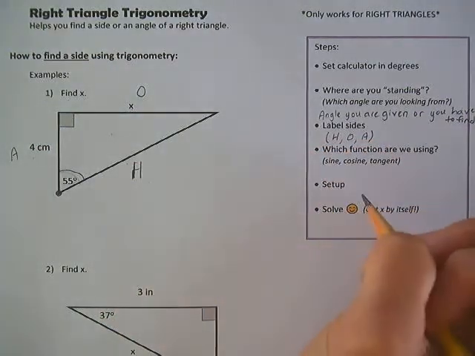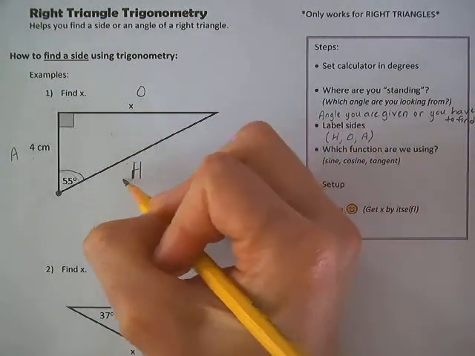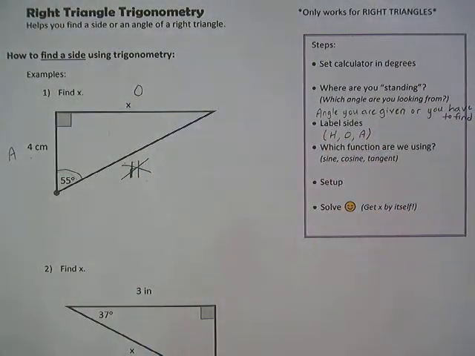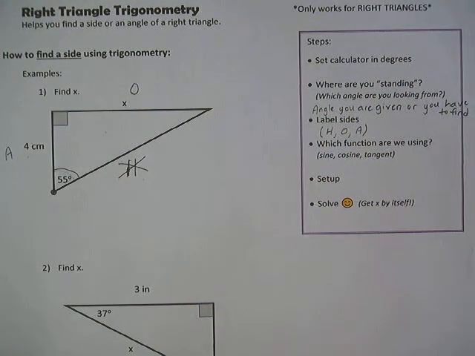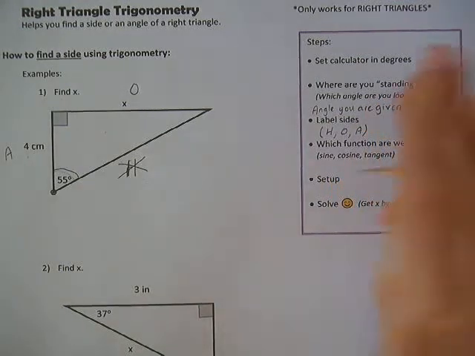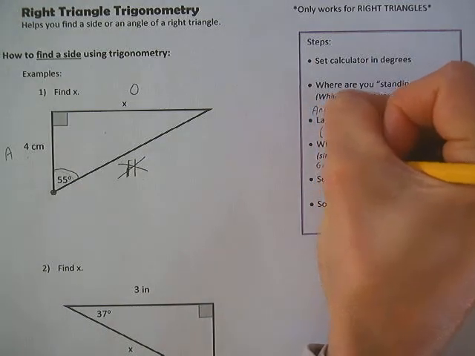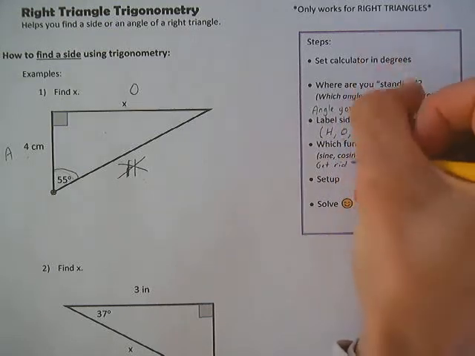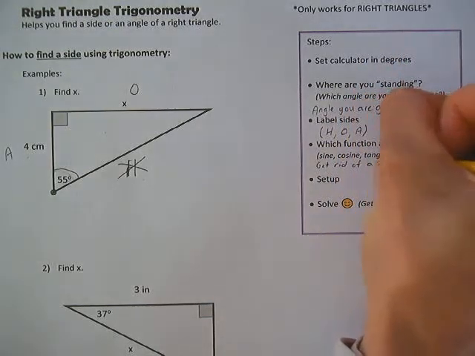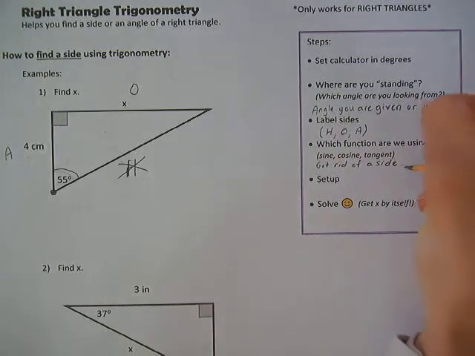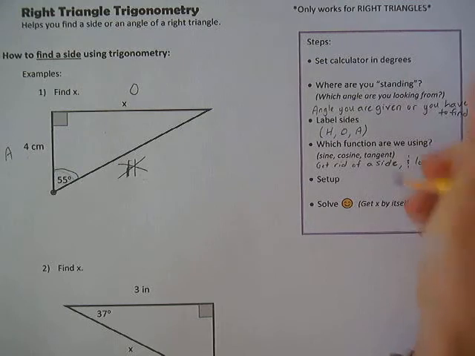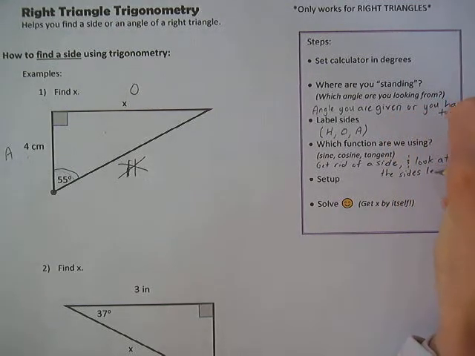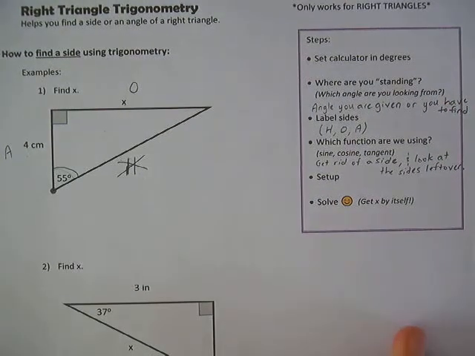So you actually get rid of a side, and it's the side that you don't know anything about and you're not having to find, all right? So that's where you start. So get rid of a side. And then look at the sides that are left, okay? Look at the sides left over. That's actually going to clue you in as to which function.